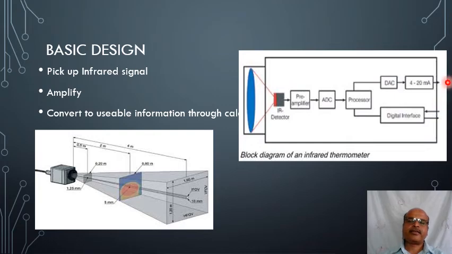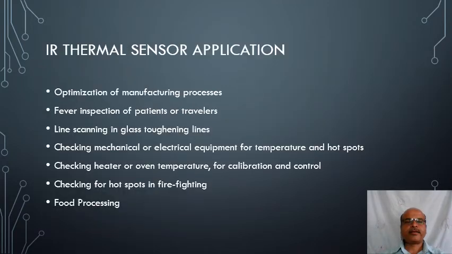Next is a display. Here the display is not shown, but a display is used. So we pick up the infrared signal, amplify it, and convert it to usable information, so that you can measure the temperature.